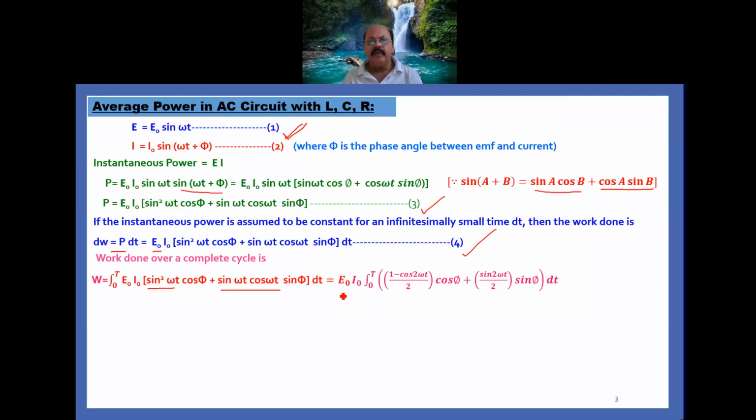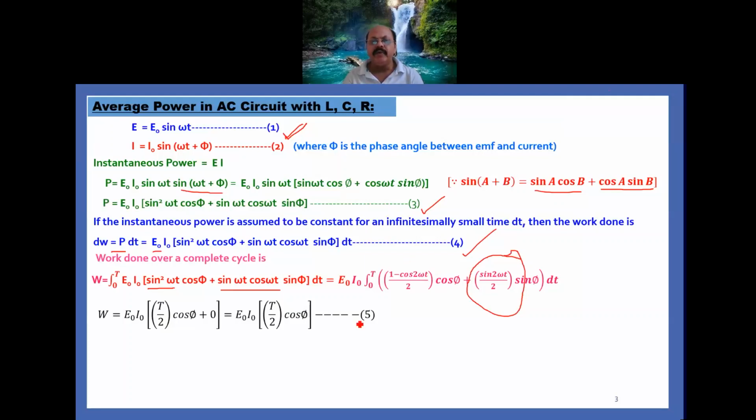Then the work done W becomes equal to E naught I naught integration 0 to T, 1 minus cos 2 omega t divided by 2 cos phi plus sine 2 omega t upon 2 sine phi, bracket close, dt. As you have already done, this portion's integration is 0 and integration of this portion is T by 2.